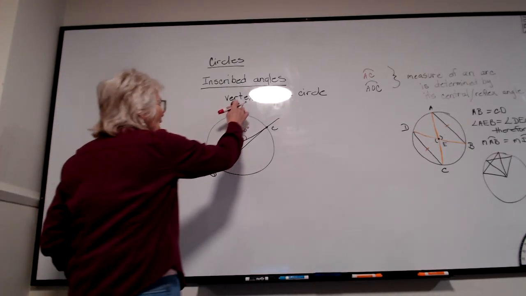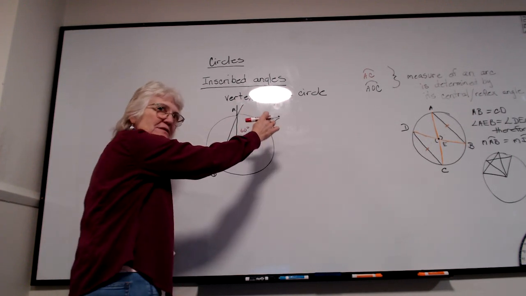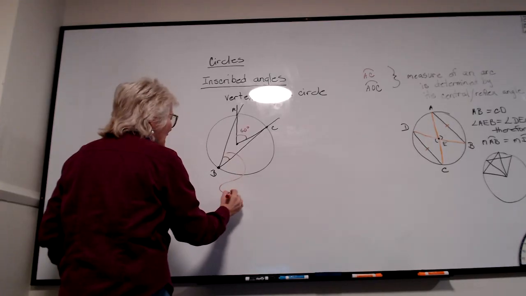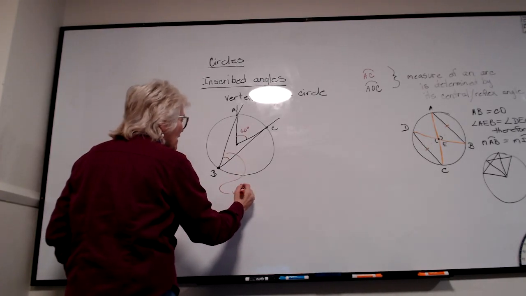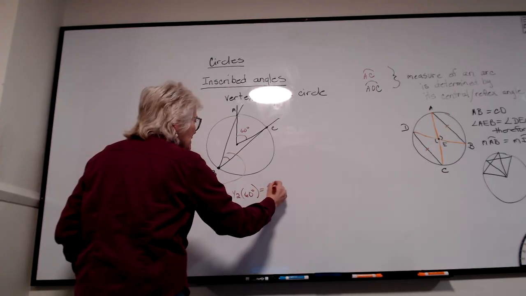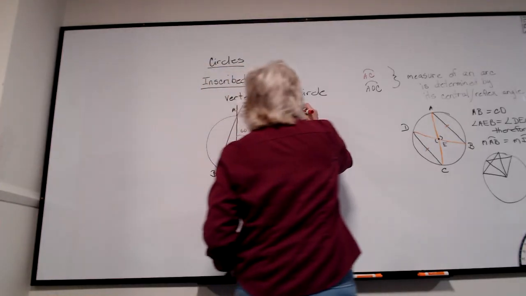If you have a central angle that goes through the same points as your inscribed angle, then the inscribed angle is half of the central angle, so this would be 30 degrees.